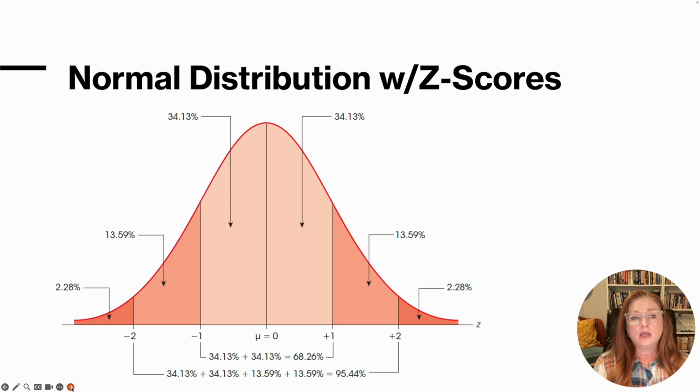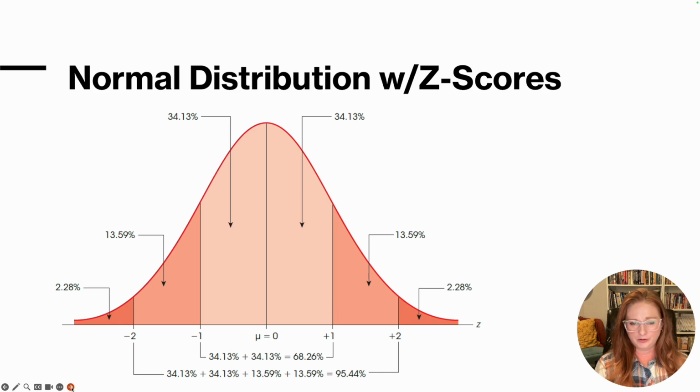Okay. So let's put the raw scores back in. In other words, all I'm doing is adding up 34.13% below the mean, right? So out of all the humans walking around the world, 34.13% have an IQ score of 85 to 100.